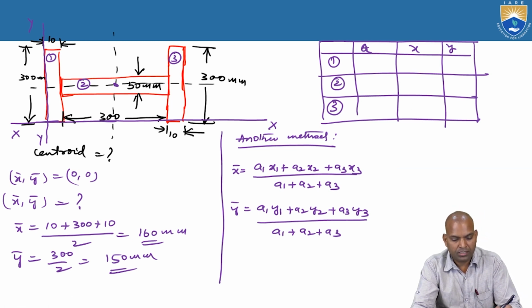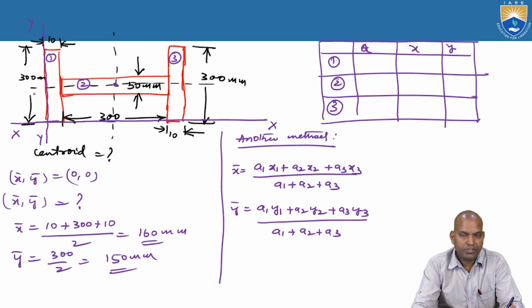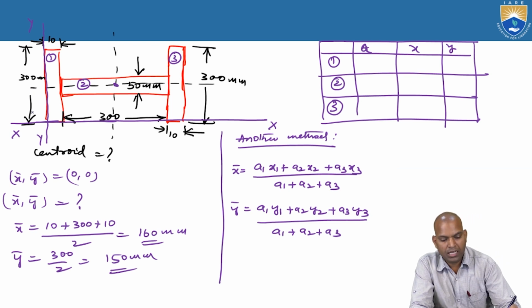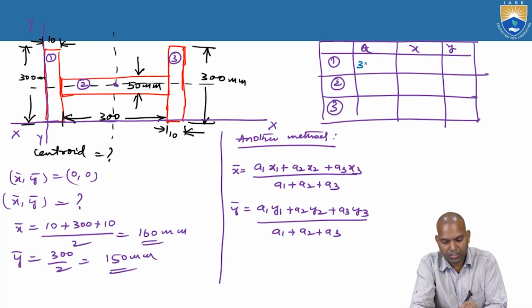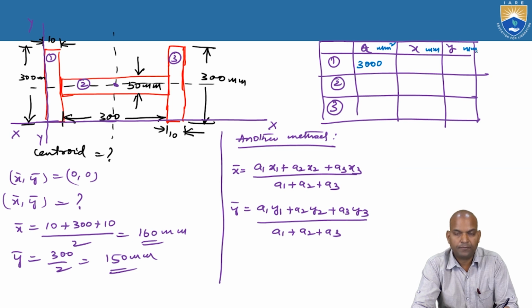What is a1 here? The area of section 1 is a rectangle, 300 times 10, that means 3000 square millimeters. Here it is millimeter and here it is millimeter.